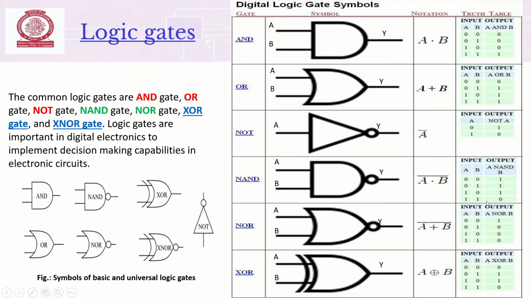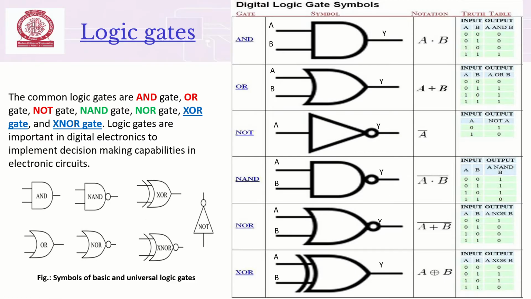And 1 times 1 is 1, complement is 0. Similarly, the further gates will work. Next is our NOR gate, which is the complement of the OR gate, sorry, I made a mistake earlier. And the last is the XOR gate.